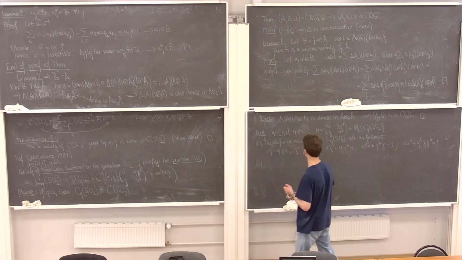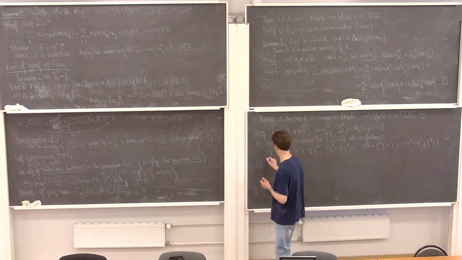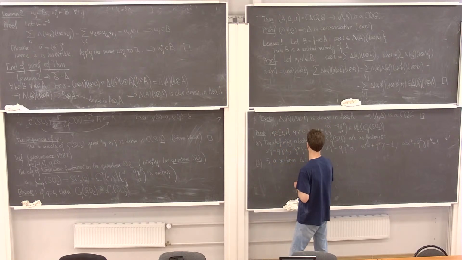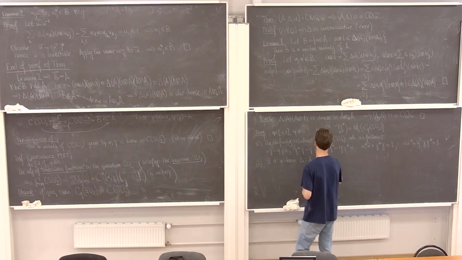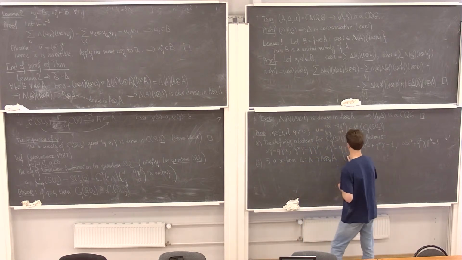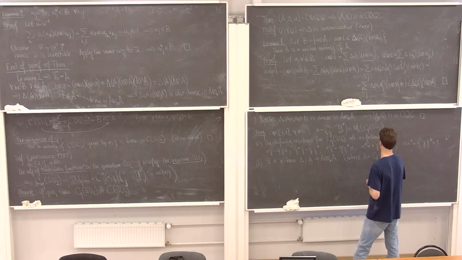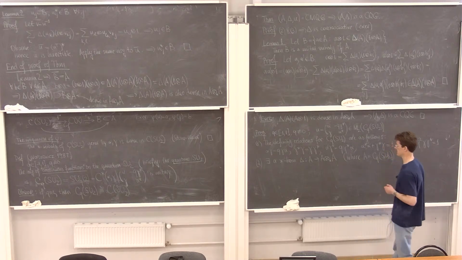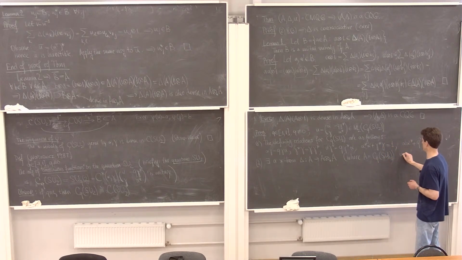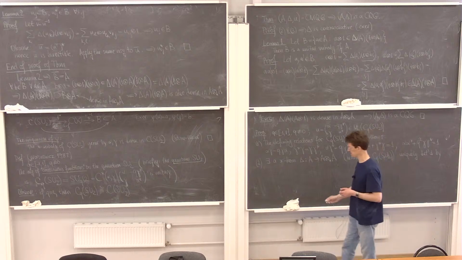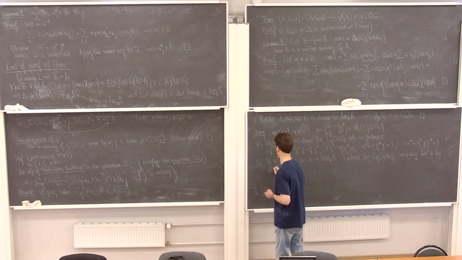Now, part 2: there is a star homomorphism delta from A to A tensor A, where A is our algebra, C_q of SU2, uniquely determined by the following formula, basically the formula which appears in the definition of a compact matrix quantum group.